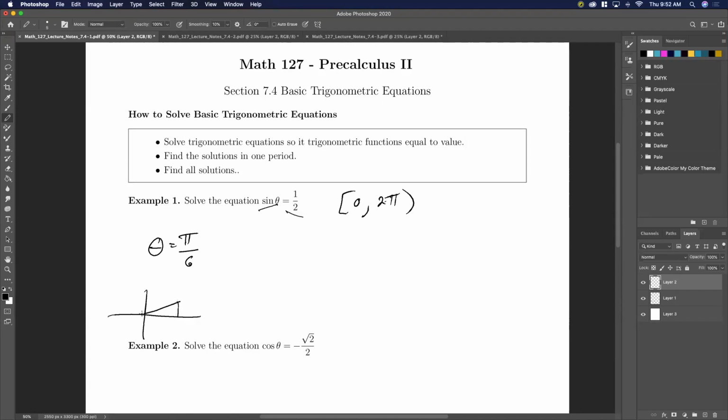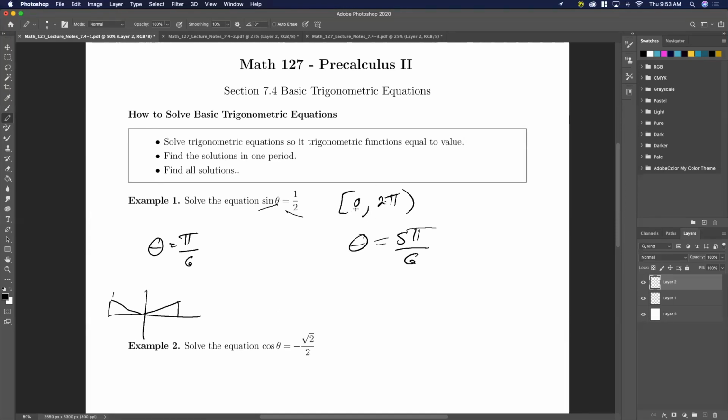So where's the other one at? Well, it'd be on this side for sine, right? Remember, the reference angle is always with respect to the x axis, and so here it'd be this. So what is this one? Well, this is pi minus pi over 6, and so the other one would be 5 pi over 6, okay?